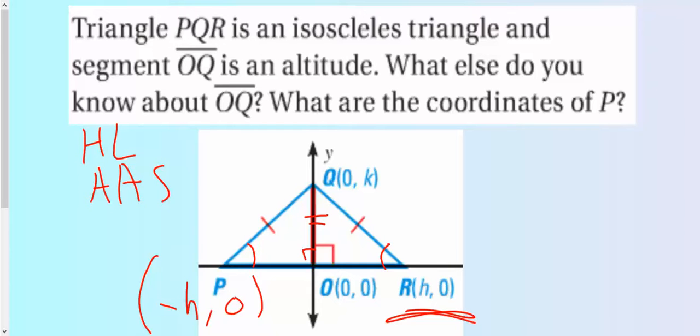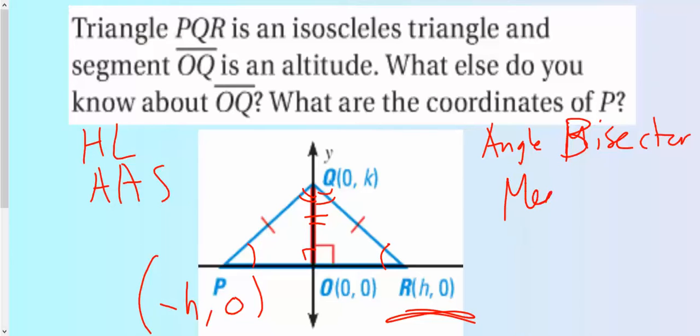So we know all their parts are the same. That makes this equal to this. So we know that OQ has to be an angle bisector. It has to be a median because it goes from the vertex to the midpoint. Let's see.